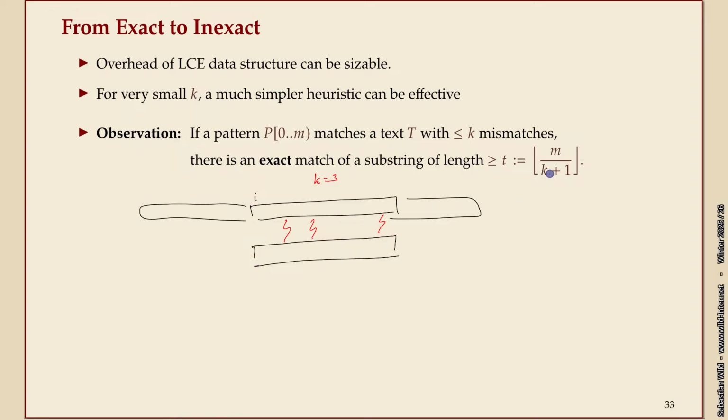But the statement says, if that's all, then there must be some reasonably large portion of the pattern and text that match exactly. For example, here, all of these are equal. Maybe there's some more outside. What's the worst case for this? Well, if you spread out the mismatch parts precisely at regularly spaced intervals, then you get this bound.